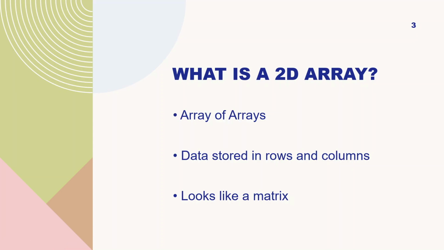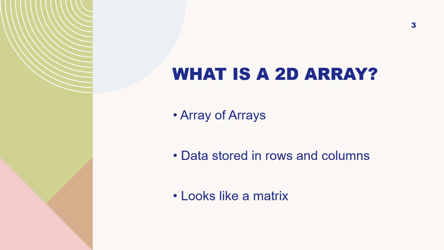Because of this structure, a 2D array looks like a matrix, similar to a table with rows and columns. This is why we use 2D arrays when we want to store tabular data. For example, marks of students in different subjects can be stored using a 2D array.